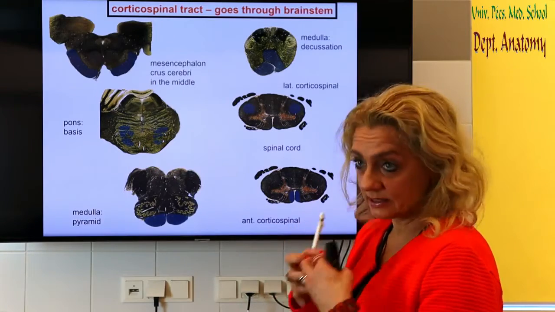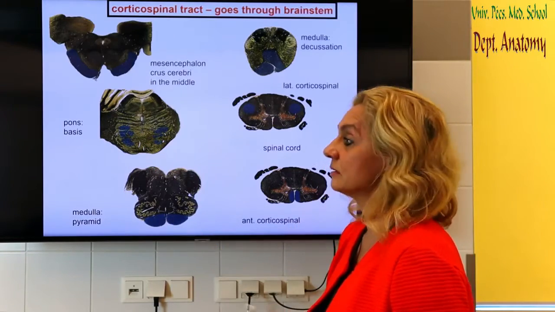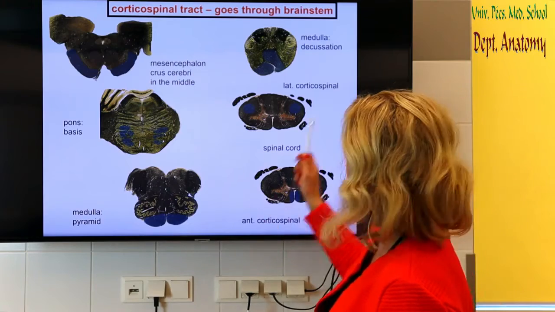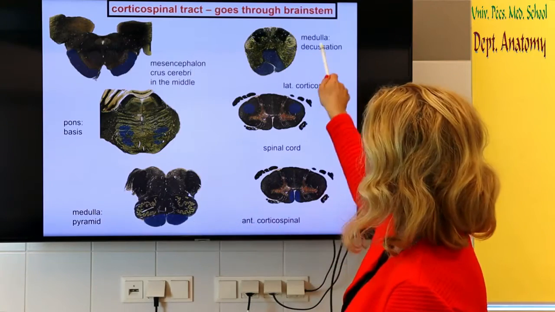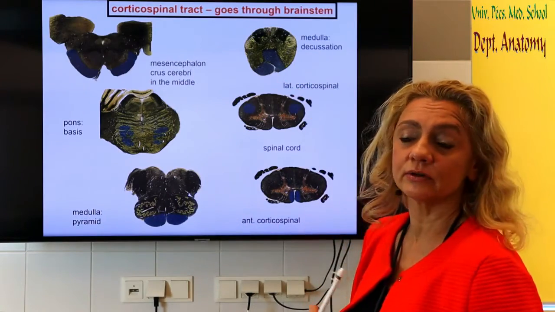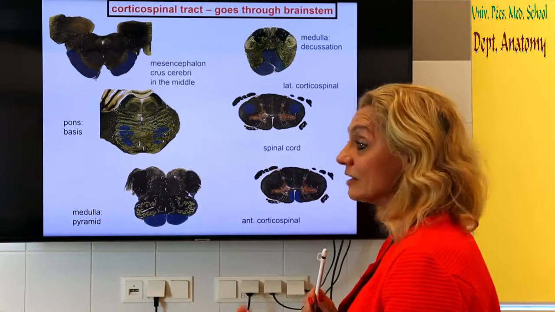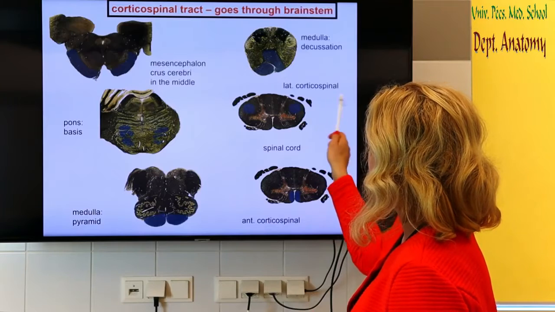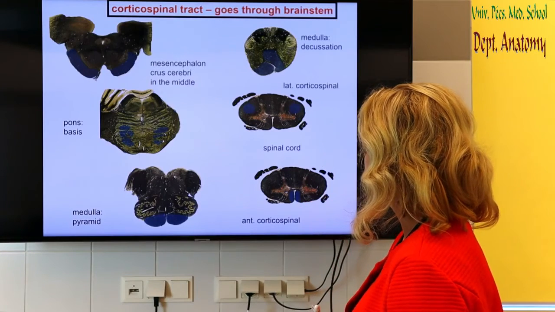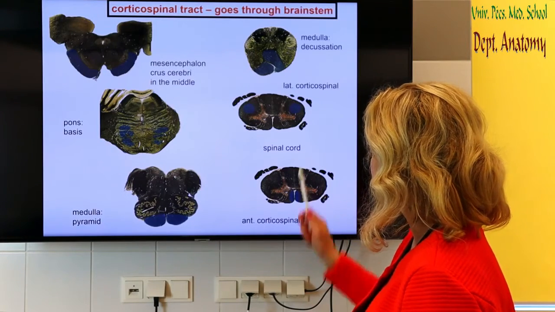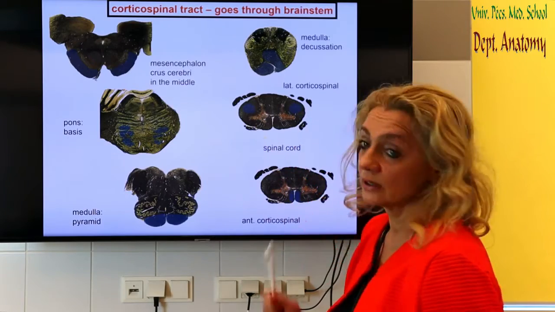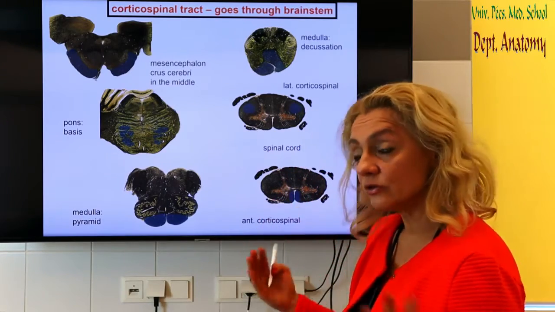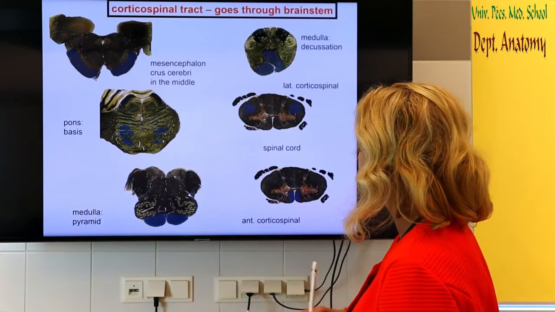They become compact again in the medullary pyramids, and then there is the pyramidal decussation in the lower level of the medulla, and then we have the lateral and anterior corticospinal tract. The lateral is obviously going in the lateral funicle of the spinal cord.